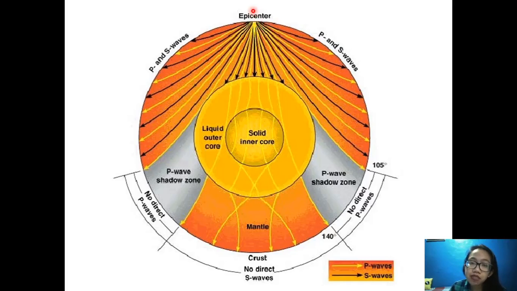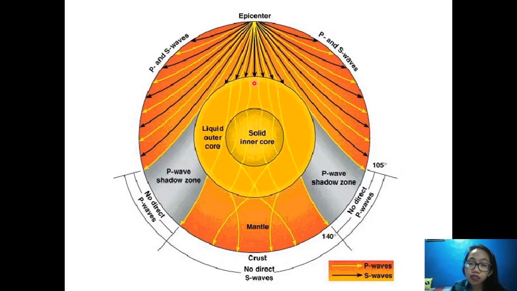So when these seismic waves try to move through the liquid outer core, only the P wave can pass through, which signifies that the outer core is liquid. And then the P waves also behave differently here in the middle of the Earth.